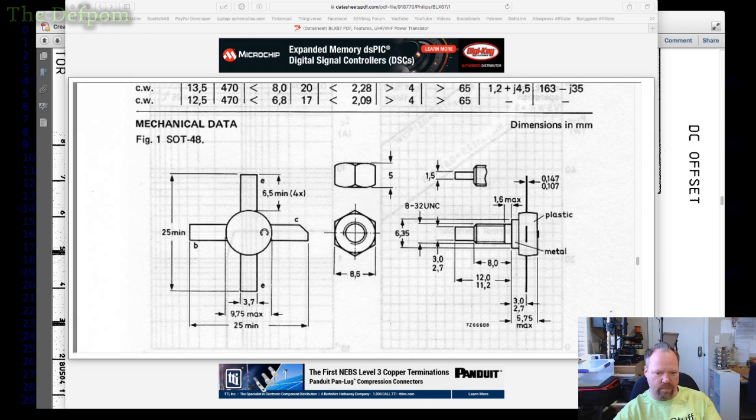Octopart. $9 each, but I can get them. New old stock. And yes, they are Philips branded. It looks like the correct part. So if I have to, I can buy new ones.